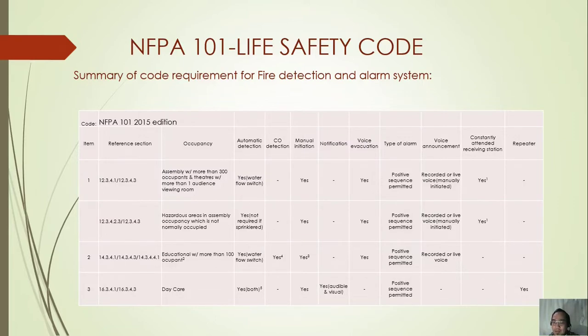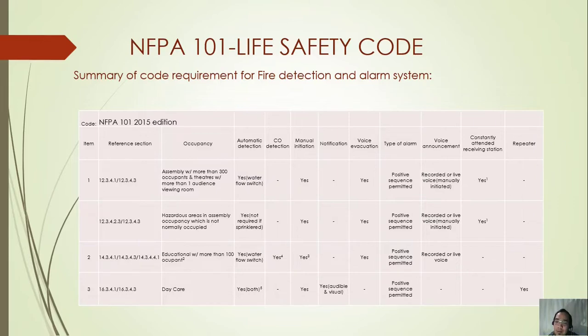Voice announcement, this is not applicable in our tutorial, but I'll just give you an idea, because in voice evacuation, either it can be recorded, played automatically, recorded voice, or it can be manual live voice, where a trained personnel or a firefighter can do live voice announcement for people to evacuate the building.